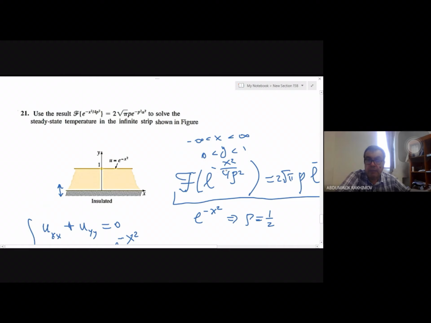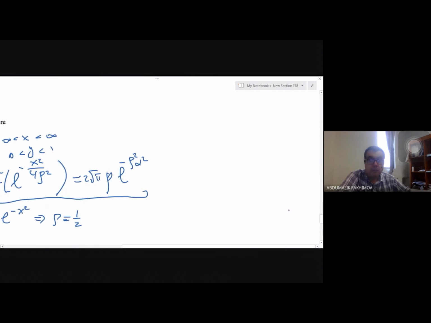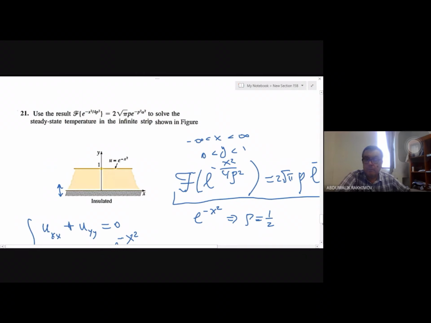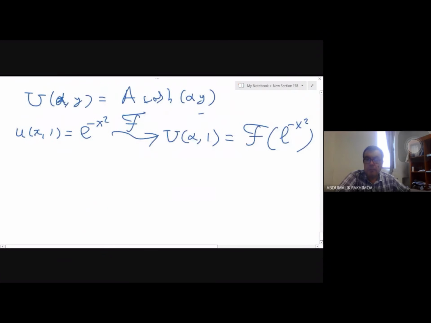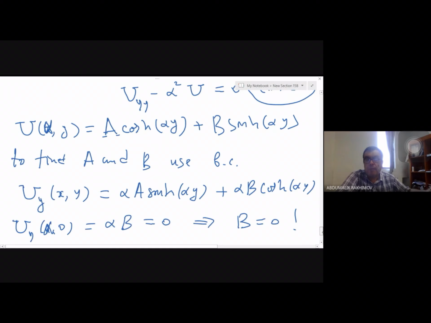Then the transformation is 2 root of pi, the 2s cancel, then you have here 4 alpha squared. Then U(alpha,1), using the formula above, is root of pi exponential minus 4 alpha squared.